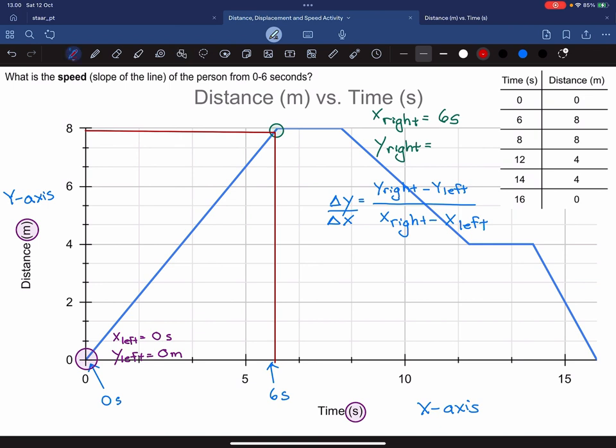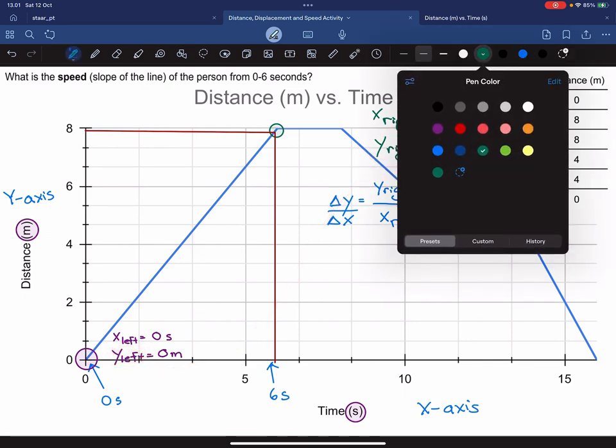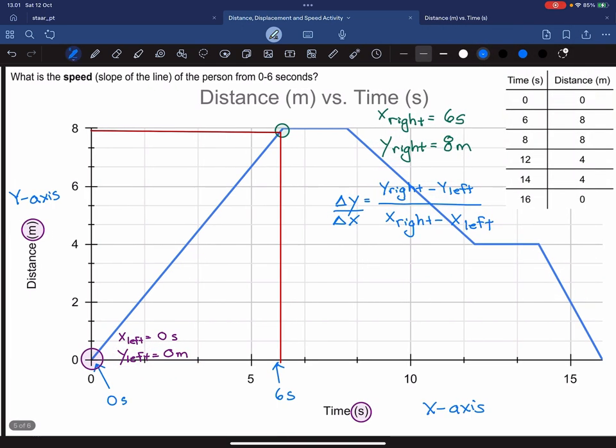Or excuse me, apologies. 8 meters, right? 8 meters, because that's the y. So now I'm going to take my y right and my y left, and I'm going to put them into my calculation. All right? So my calculation is going to be y right minus y left.